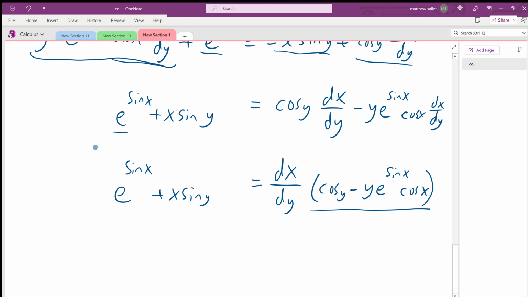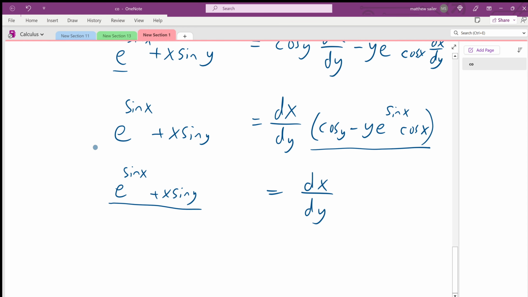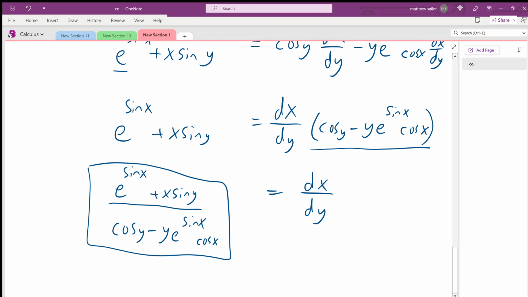Now we can divide each side by that to get dx/dy by itself. And we are left with e to the sine x plus x sine y, all divided by cosine y minus y e to the sine x cosine x. Alright, so this is kind of a mess. Honestly, I'm not exactly sure how to simplify this further.